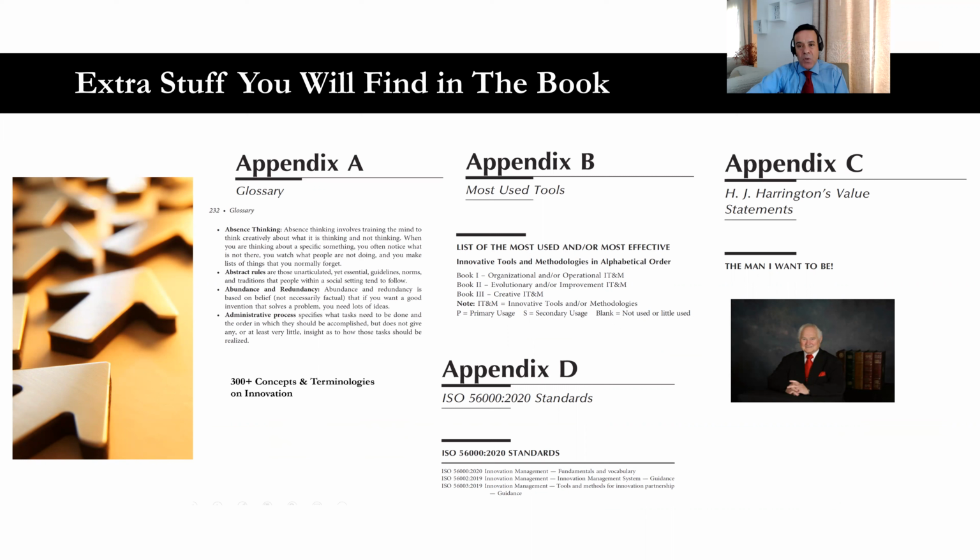And of course, most importantly, in Appendix C, you will find the philosophy of James Harrington, how he sees innovation and his experience over the years, more than 50 years. You will read about it in a small paragraph, how he looks at the world and what he believes is important for your organization.